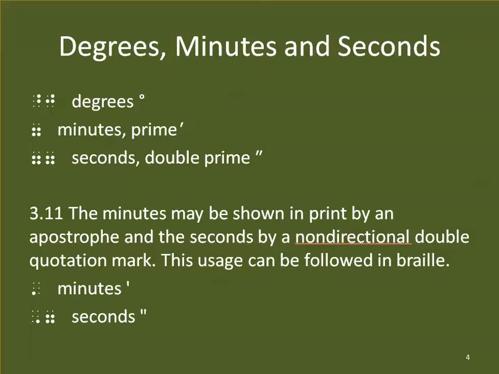So if we see minutes marked with an apostrophe, then we just show it with an apostrophe, which is .3. And then seconds, we use that special quotation mark, as I just said, .6, and then 2, 3, 5, 6. So it depends if the prime or minutes and seconds are shown with actual slanted prime signs, or if the marks are straight up and down.